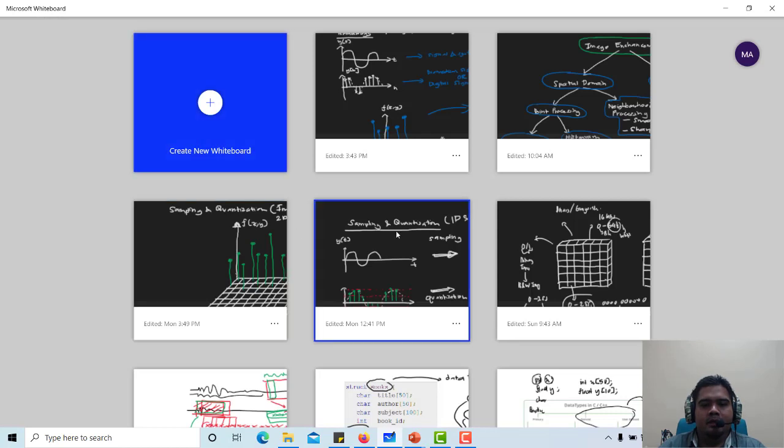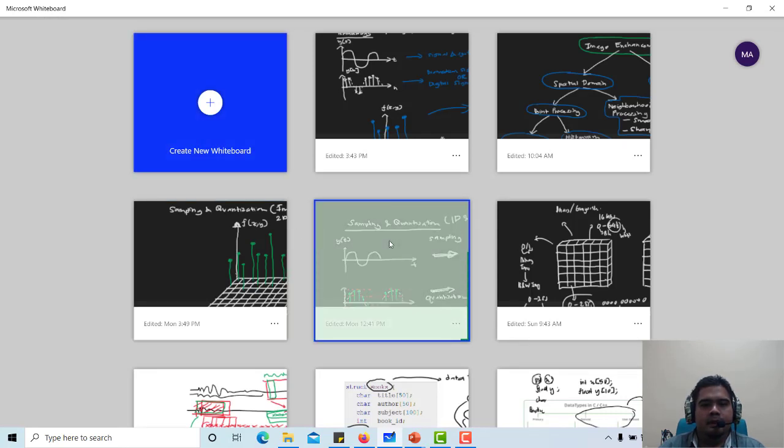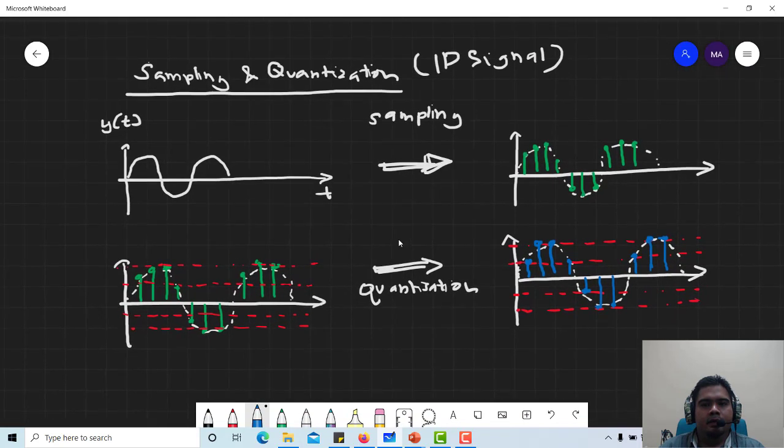In a one-dimensional signal, this is how sampling and quantization look. I believe this should be covered in your biomedical signal processing. Again, this is the analog signal that you learned in signals and systems. When you apply the sampling process, you are converting the continuous values with respect to the horizontal axis. When I say horizontal axis, it is this one.